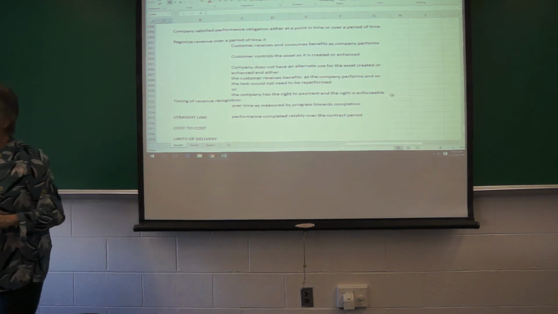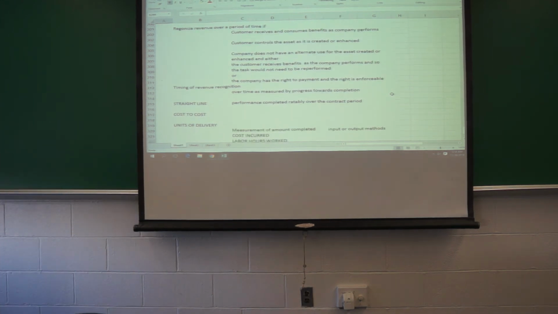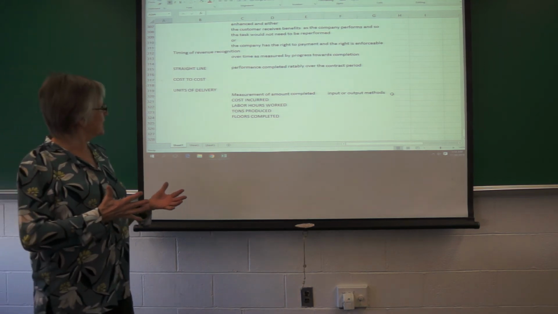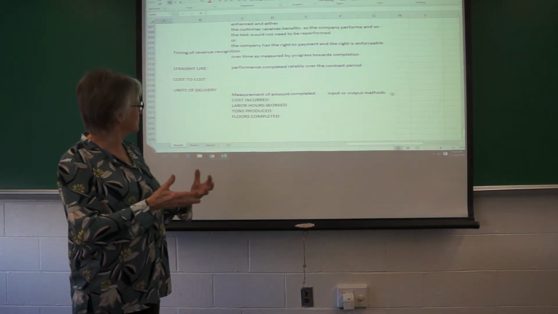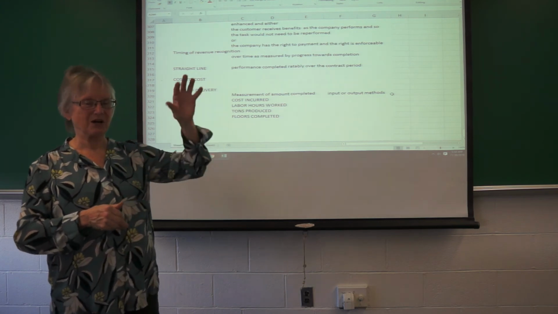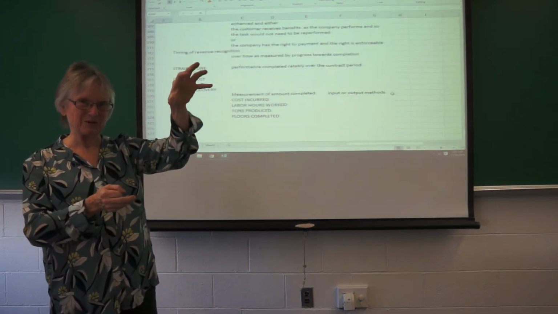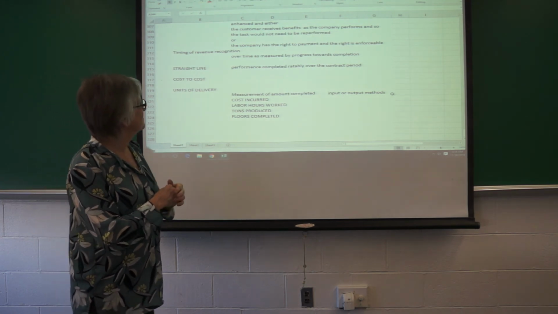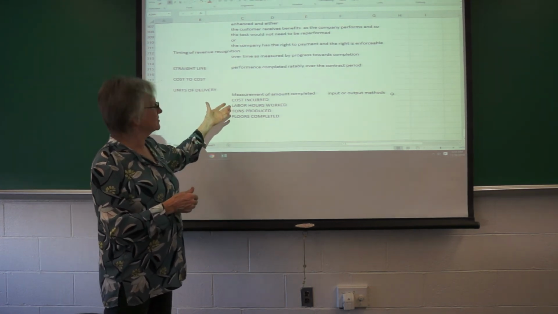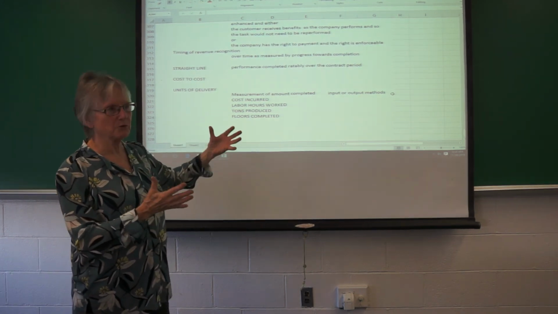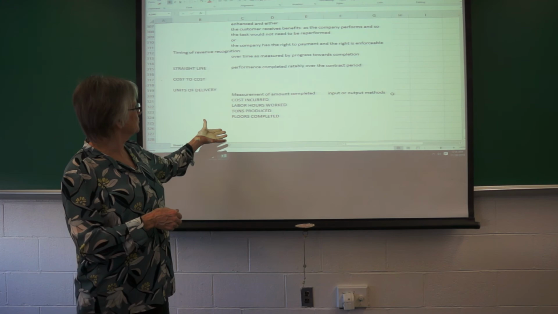There's also cost to cost. That would be more for construction contracts, where you're matching the costs incurred to the total cost: how much is the total cost, and how much of the cost have we incurred so far. Units of delivery is where you say, we're expecting 100 labor hours, how many labor hours have we worked, or the tons produced or floors completed.